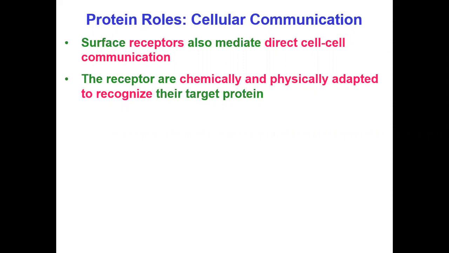The two receptors bind to one another when the cells are close enough, and they convey the message. Now, the binding between the surface receptors is usually very specific, which means that the receptors adapted throughout evolution to recognize each other in a very specific way.